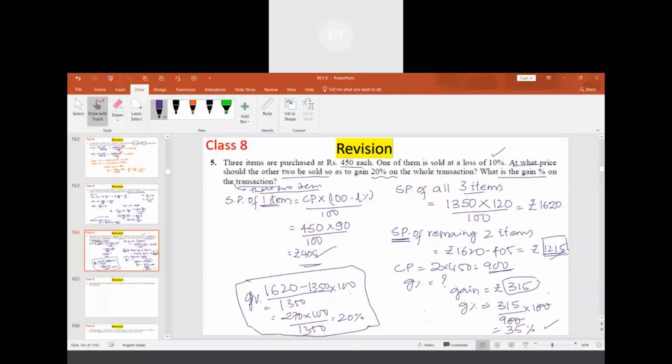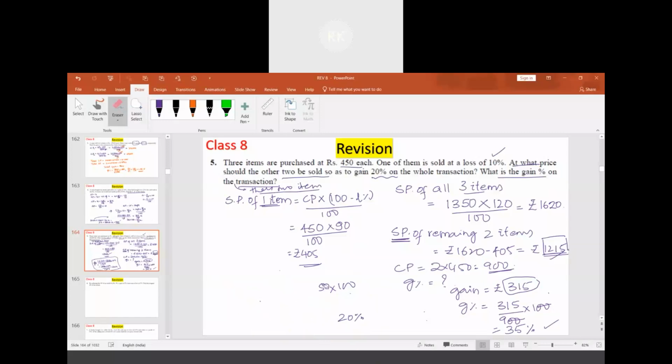According to that only, we found the selling price of both the items. Correct. You are right. Absolutely correct. The 20% was already given in the question as the percentage of gain on the whole transaction.